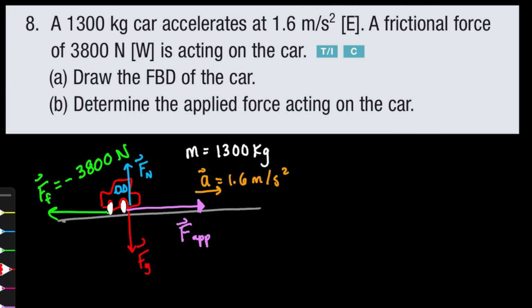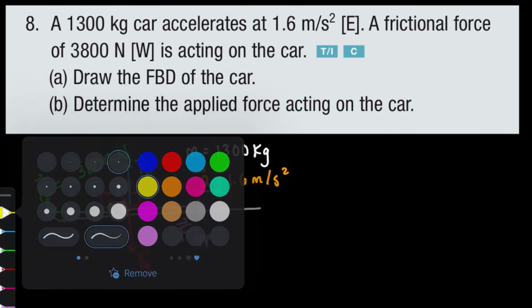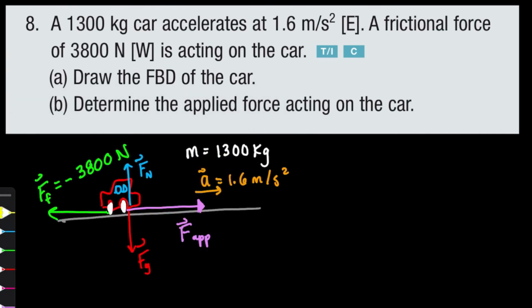But because the car is not moving upwards or downwards, we're assuming that these two forces are balanced. So vertically, they're equal to one another in magnitude, but in opposite direction. This is going to be helpful because when we're looking at the net force, we're going to be interested only along the horizontal component.